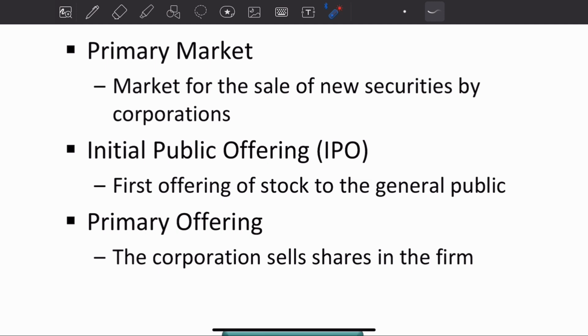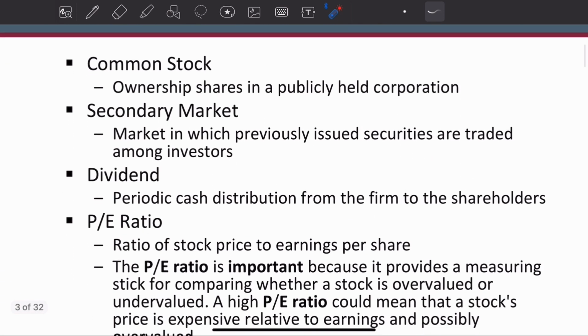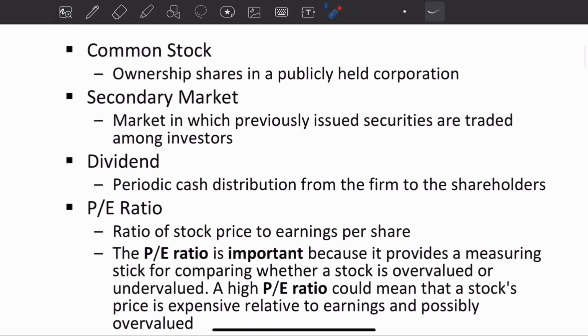But then I can, a while later, maybe decide to sell those stocks to another investor, and that happens in what is called a secondary market, where the funds flow from that new investor to me as a current holder of the stock. So the company doesn't get any of the proceeds from the sale of that stock in that scenario. Okay.